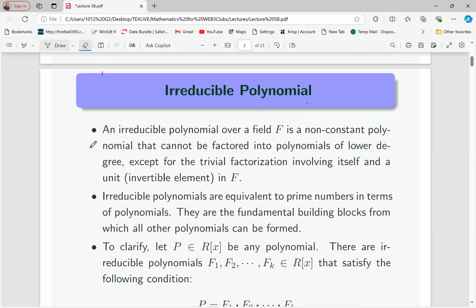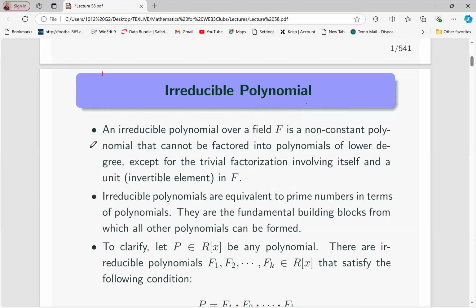Now, from the onset, I also want you to note as we progress that it may be impossible to reduce a polynomial in one field, but it may be possible to reduce it in another field.